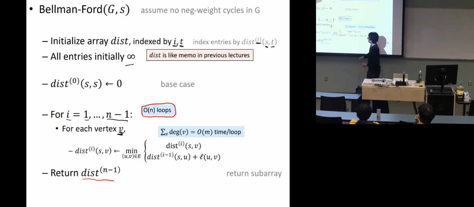We sum over all vertices V, but for each vertex V we spend time proportional to its degree, because we range over all its incoming edges. The sum over all degrees is 2M. So that's why the total running time is Mn.